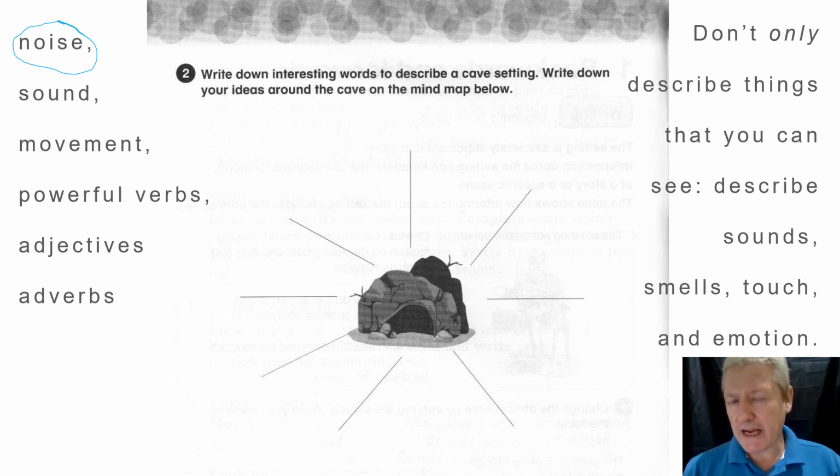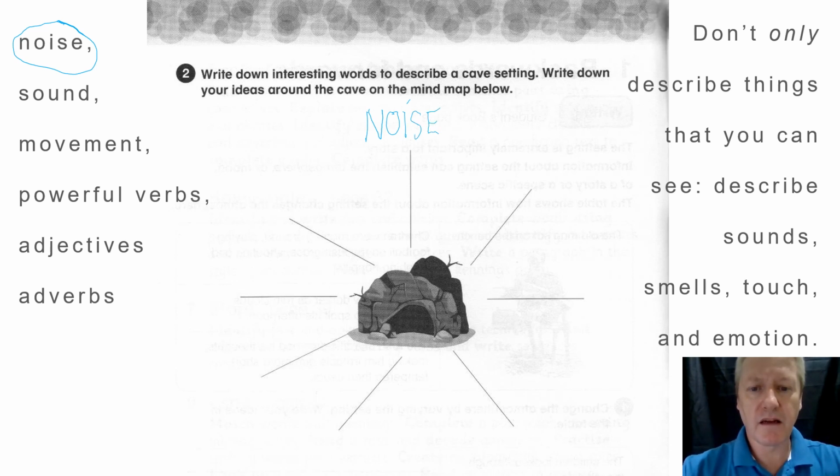Many caves might have water, so there might be drip, drop, splish, splash. So you could write down those words for your noises. And you can write down as many words as you want that you might use for different noises.